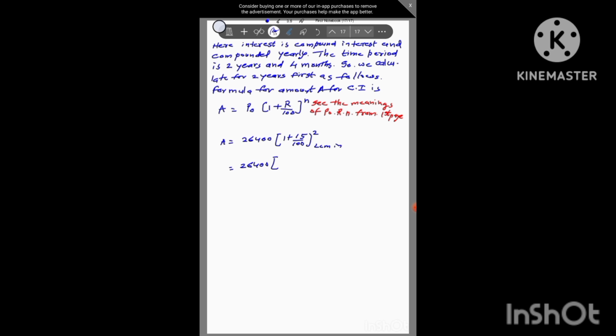26400. Now we take LCM in that bracket and get 100 plus 15 divided by 100 and square of this. So we solve this bracket. 26400 and 115 upon 100 into 115 upon 100.